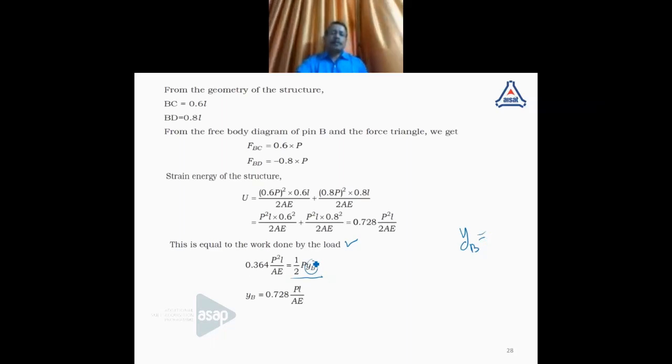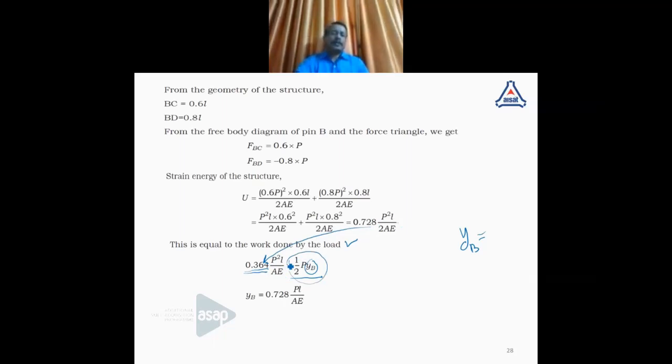So this 0.728 by 2, that is 0.364 P square L by AE, is a standard expression which we have taken from the previous slide. Half P into Y is force into deflection. From this, YB can be calculated as 0.728 PL by AE.